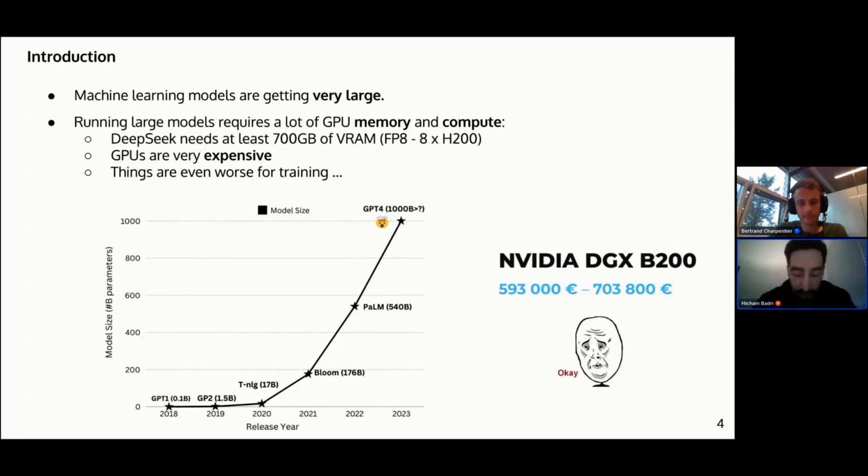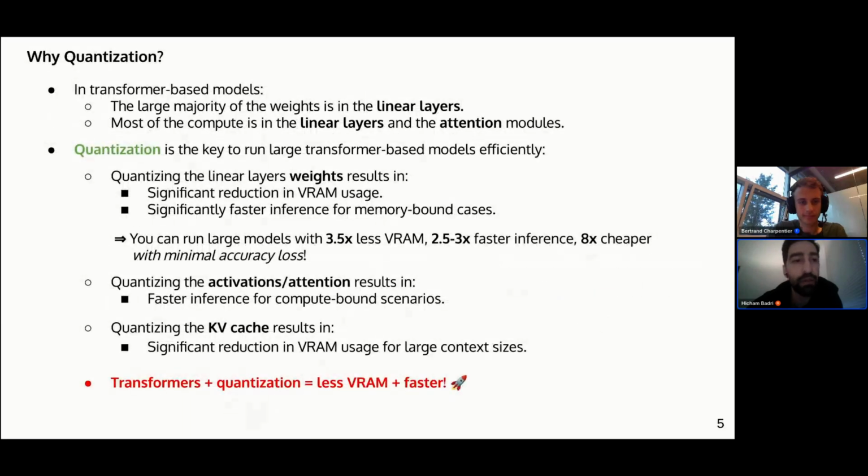We don't want to spend a lot of money deploying these models, especially GPU poor people. Not everyone can afford a DGX B200, which costs 700,000 euros. So what can we do about this issue? The main solution is quantization.